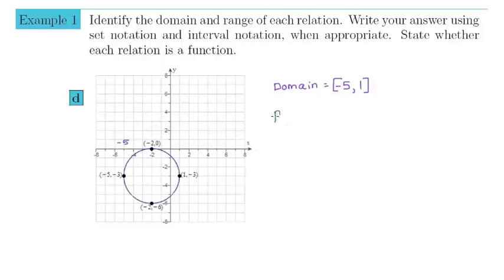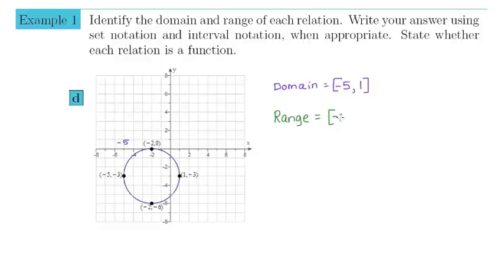Let's now look at the range. The range is our outputs or our y values, which we read along the y-axis. The circle, the lowest that it goes in relationship to y, is this value down here, which is -6. The circle doesn't go any lower.